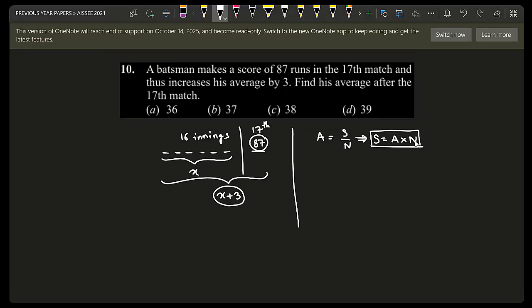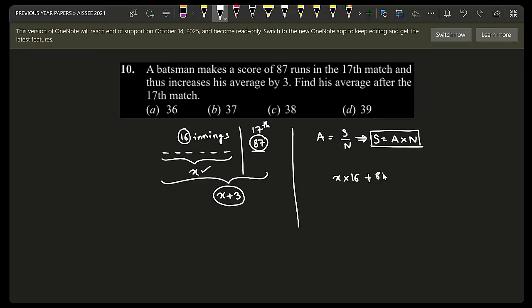First, for 16 innings, I want the sum of his scores. I know the number and the average, so I can calculate the sum. So the sum of all his scores in the 16 innings is average X times number 16. This is the total score in 16 innings, plus his score in the 17th inning.